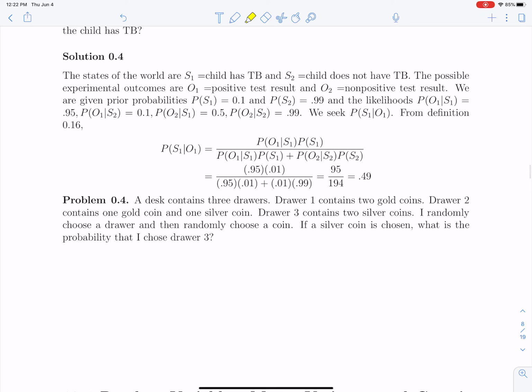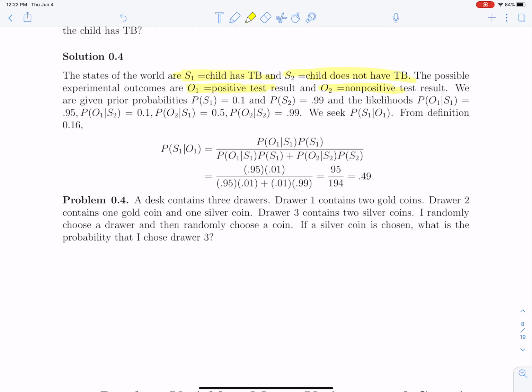So for the solution, we have to first define the two states of the world. The child has TB or it just does not. And the possible experimental outcomes. Again, for every state of the world, there has to be some sort of outcome. And so it's either positive or non-positive.